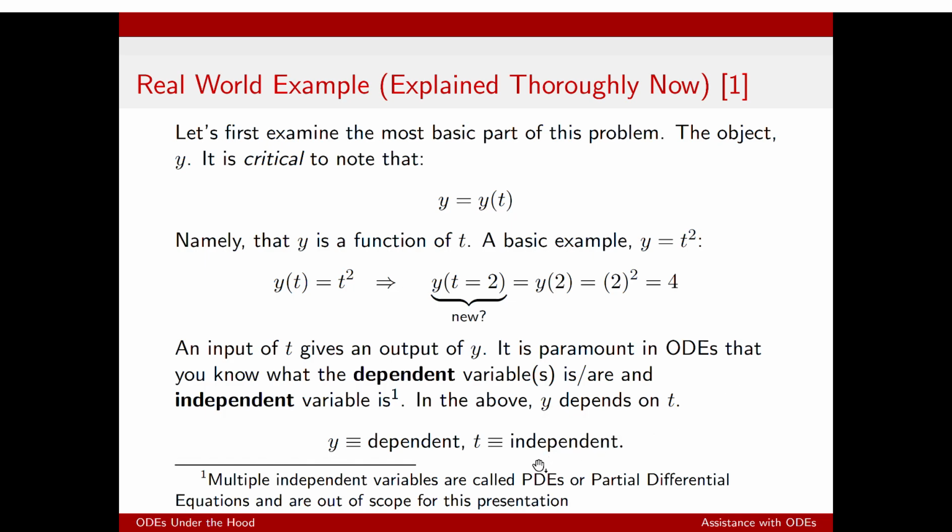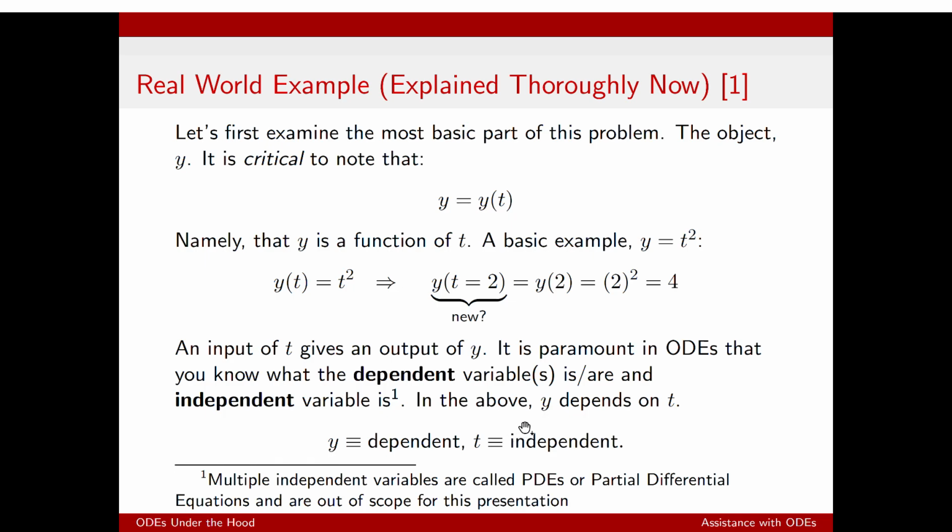But if we have multiple things like t, say like we have t, w and u or something, and these were all independent, then that gets into what's called PDEs, which are much more complicated and require knowing how to solve ODEs. So not part of the course, not part of this video that we want to talk about, but just know that you can have multiples of these and they just sort of change the different problem types you're working on. But for what we're concerned with, nice and simple, one dependent variable, one independent variable.